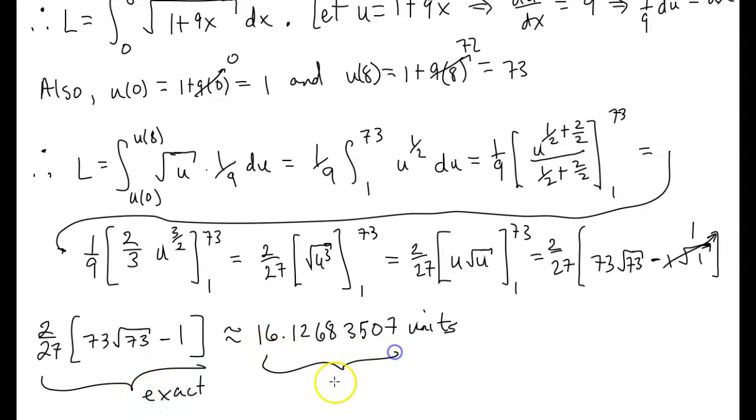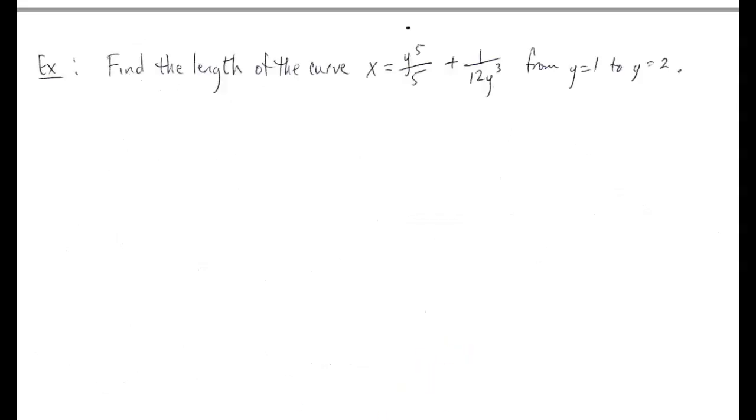And of course, this is your decimal approximation. And so depending upon what you're required to do, you may or may not need to give the decimal approximation, but I think it's always good practice to calculate the exact answer. Okay. All right, so let's move on to the next example.